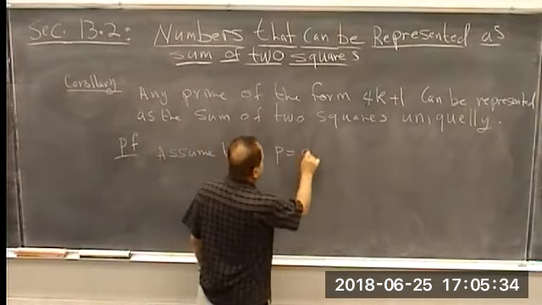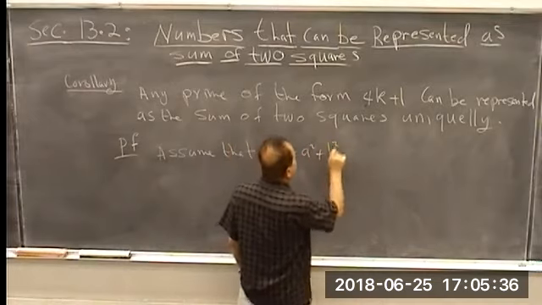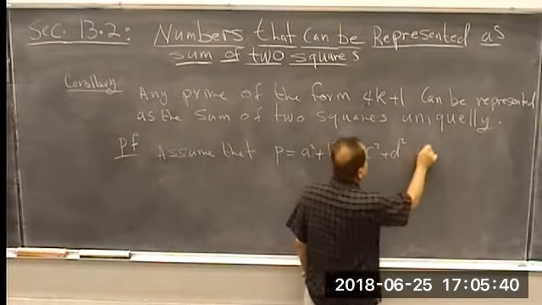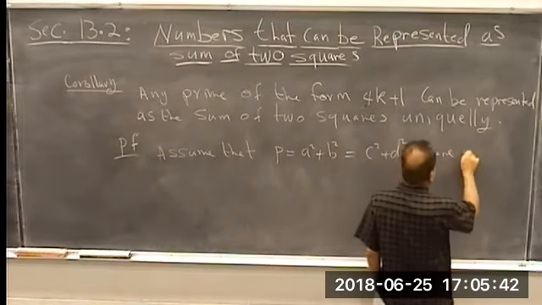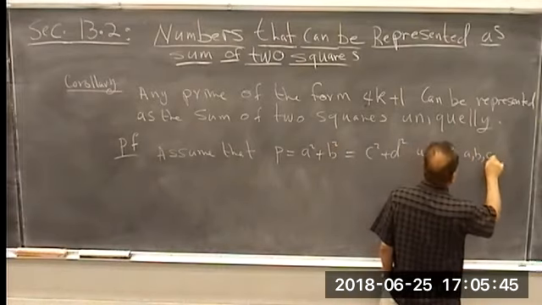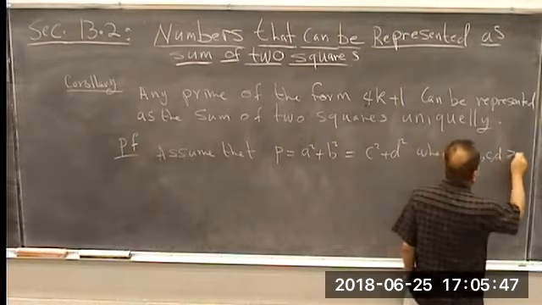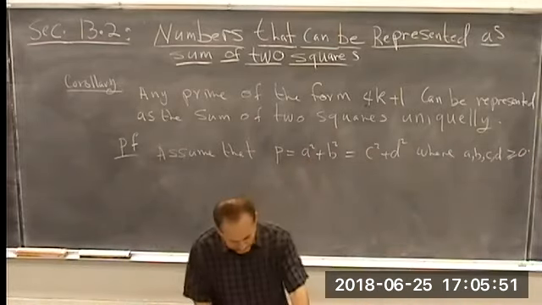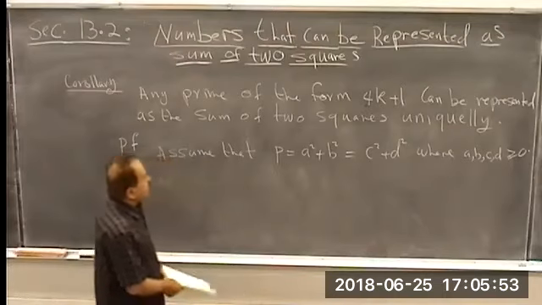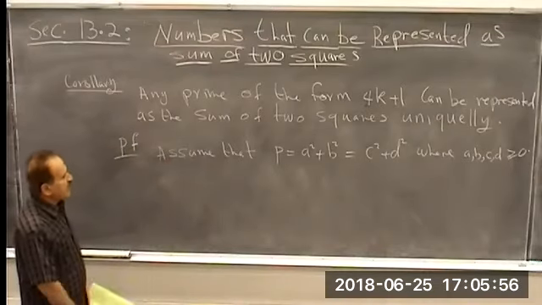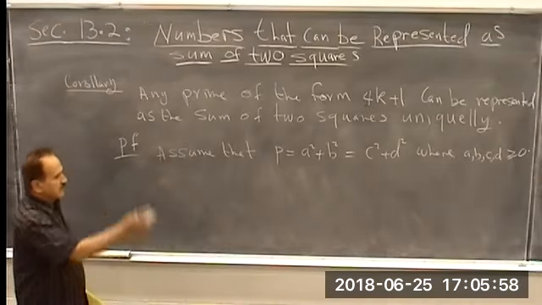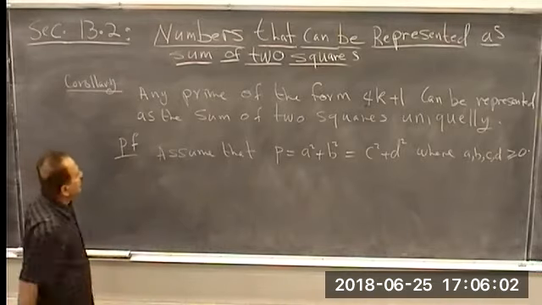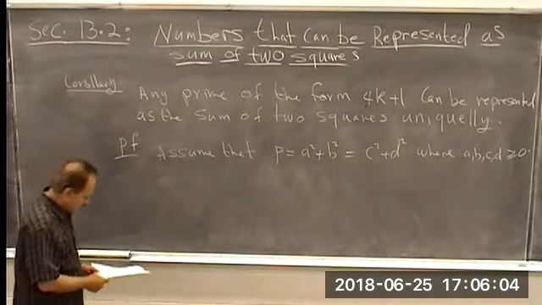P can be written as A squared plus B squared and C squared plus D squared, where A, B, C, and D are non-negative integers. All right. So we're going to, of course, show that A must equal C, for example, and B is equal to D, or maybe other types of combination.